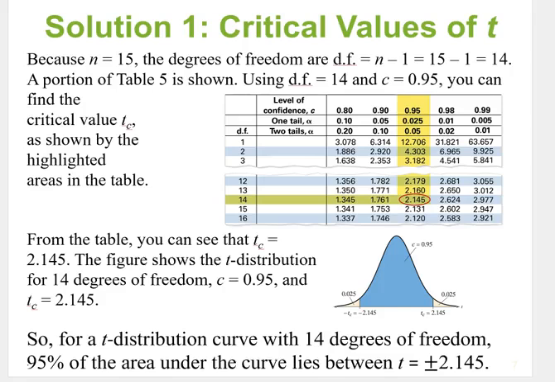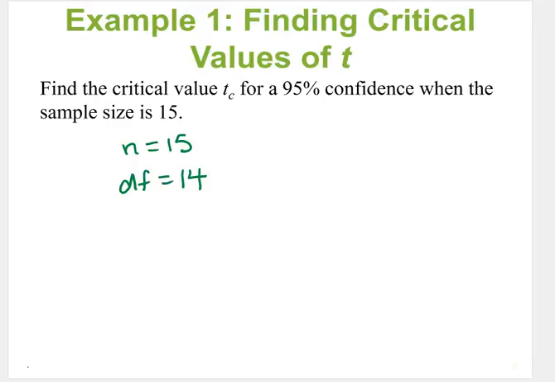Again, that curve looks very similar. We're going to have 95% in the middle, and then there are our critical values on either end. It looks very similar to the z, it's just that those critical values come from this chart. So my t sub c is equal to 2.145.